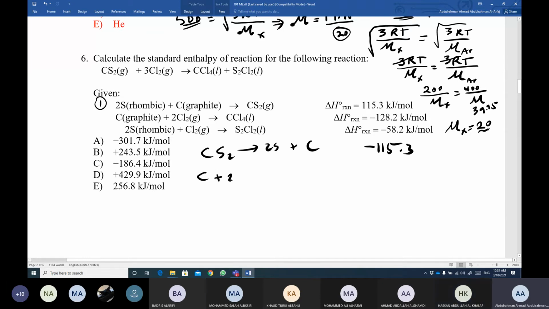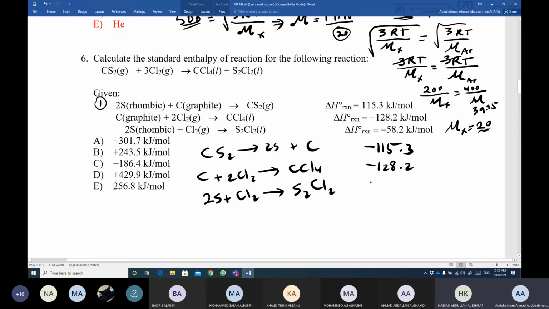C plus 2Cl2 to give you CCl4, and the heat will be minus 128.2. And the next equation also nothing, S2Cl2, and so this will be minus 58.2.